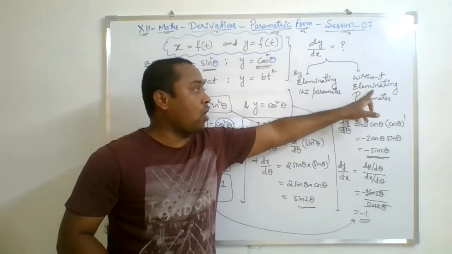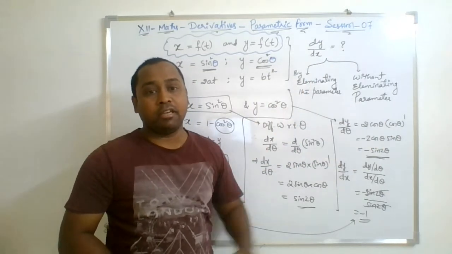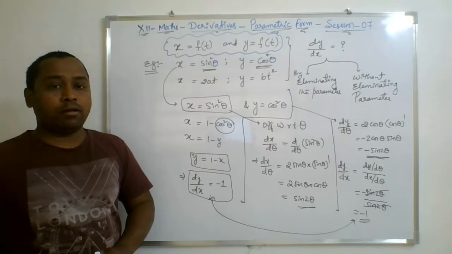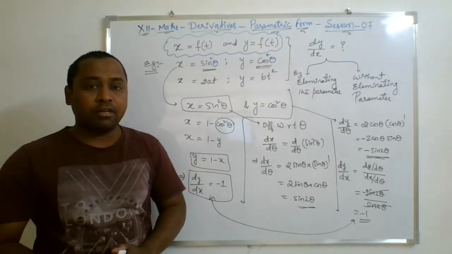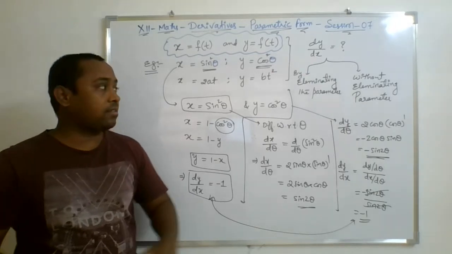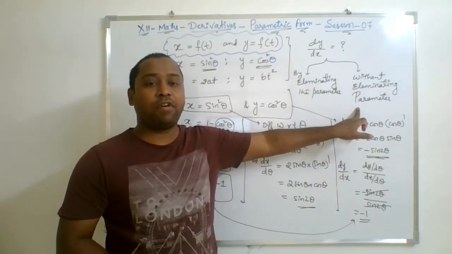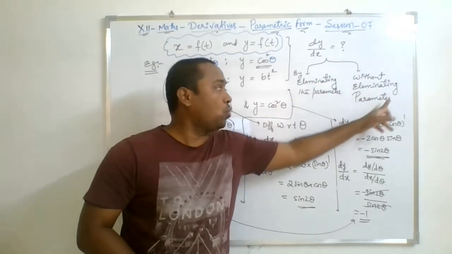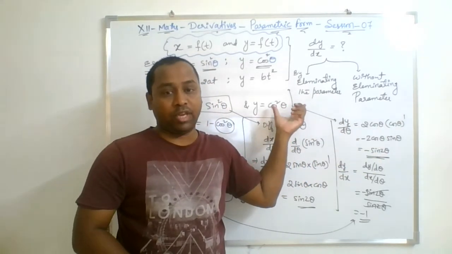Second, without eliminating the parameter, you are also able to get dy by dx. Now it depends on the question or the examiner. If he specifies that without eliminating the parameter find dy by dx, then you are bound to do it this way only. You cannot prefer the other way.